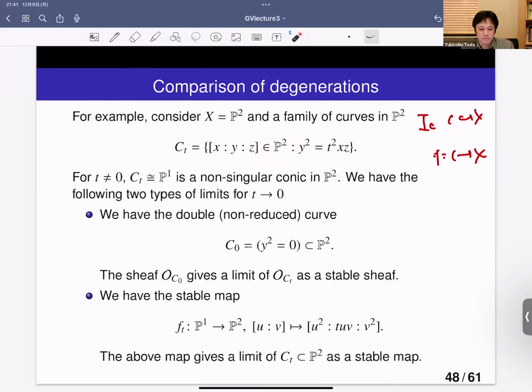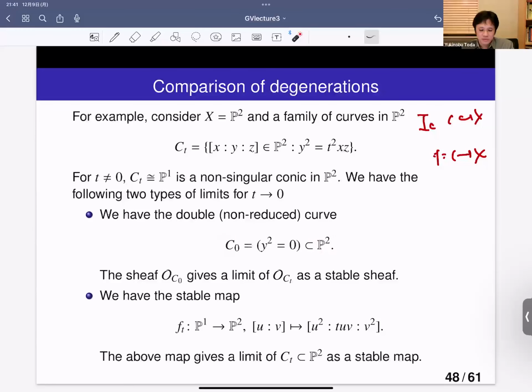So this is isomorphic to P1. Let's consider the limit of this curve for t to 0. If we just naively substitute t equals 0, then we get this equation, y squared equals 0 inside P2. So this is a non-reduced curve inside P2.